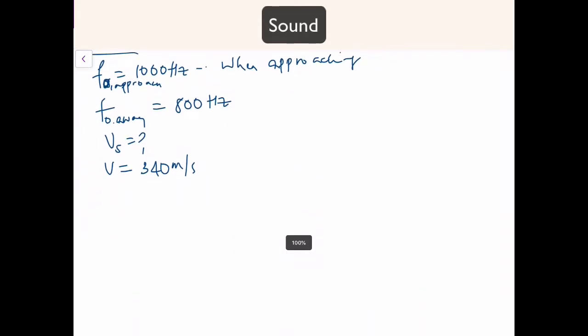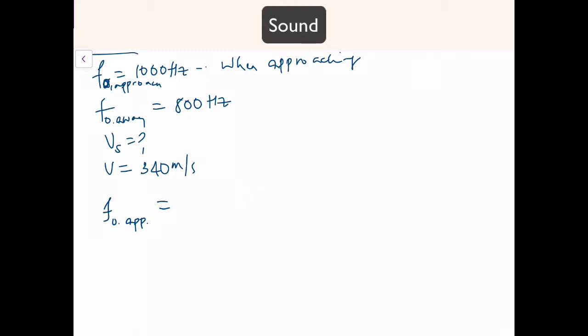So the only way that you will find the answer for this one is to write the observer equation, one for approaching. As we said, if it is towards, then you will have to use a plus sign in the equation. Okay, so we know that the source is the one that is moving, right?